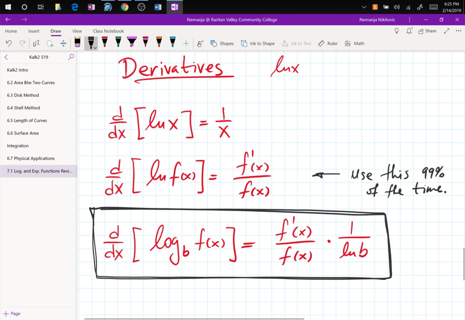No works. All right? It can be done. And all it is is the same as this one, except we just have the 1 over ln 5 in addition. So this is the most general case you can get, but for all of your problems, this formula is the one that you will use.